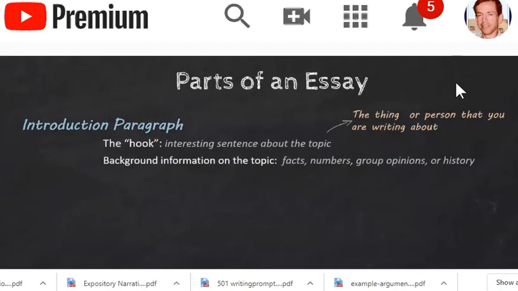In academic writing for college, the professor has to read your paper. So many times college writers don't use hooks. But hooks are very important in the real world, where the reader doesn't have to read your paper, and you need to pull them in, to hook them in, to give them a reason to keep reading your paper.